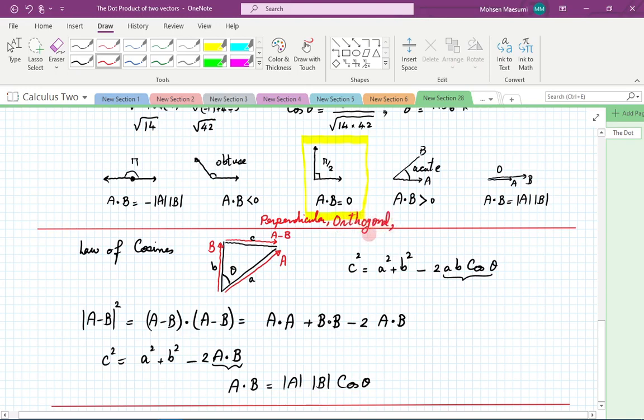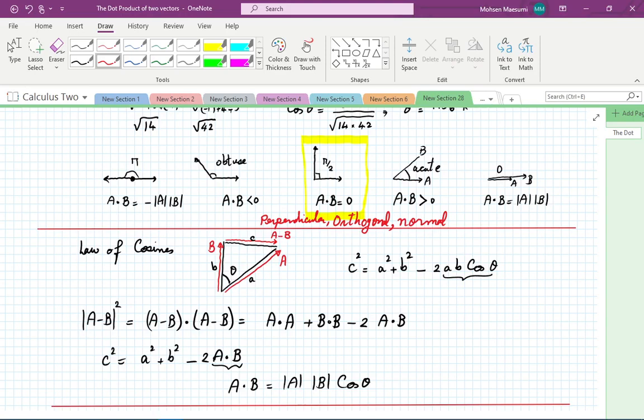More advanced texts refer to this as orthogonal, and also sometimes the word normal is used. A vector is normal to another vector if their dot product is 0. So remember, perpendicular, orthogonal, or normal: these are wordings used in this context, and you want to be comfortable with all the language.